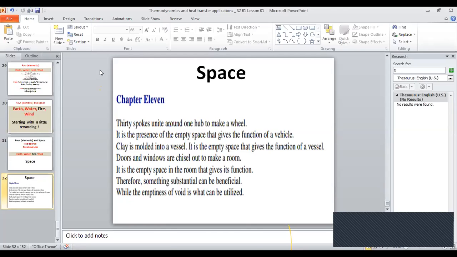Later you will fill it with containers or whatever you stuff in it, but that space gives the function of a vessel. That is very important. Don't think this is simple. Try to feel it to the fullest. Now and later you will feel it more. It was the space again.